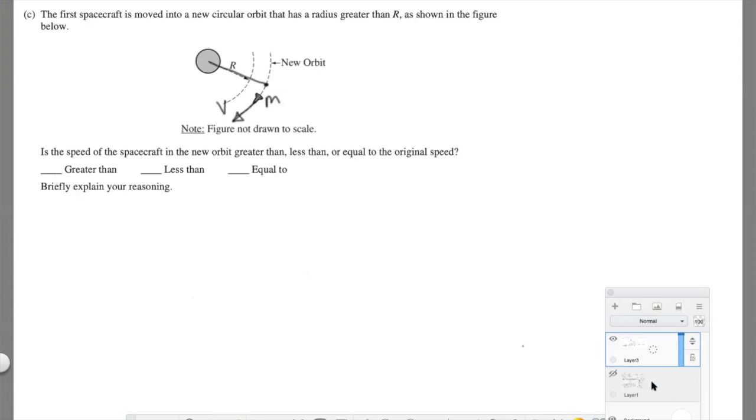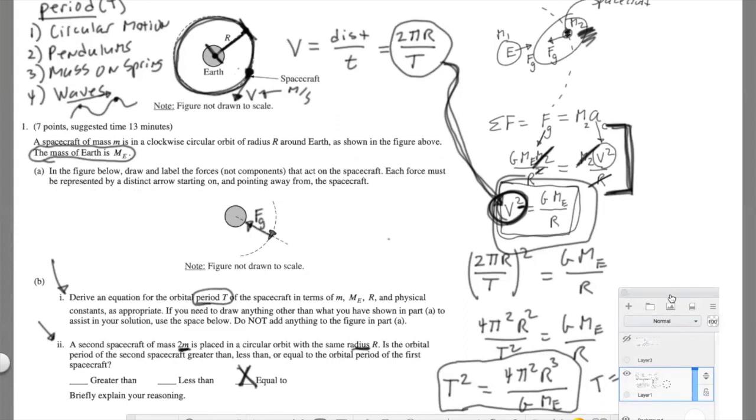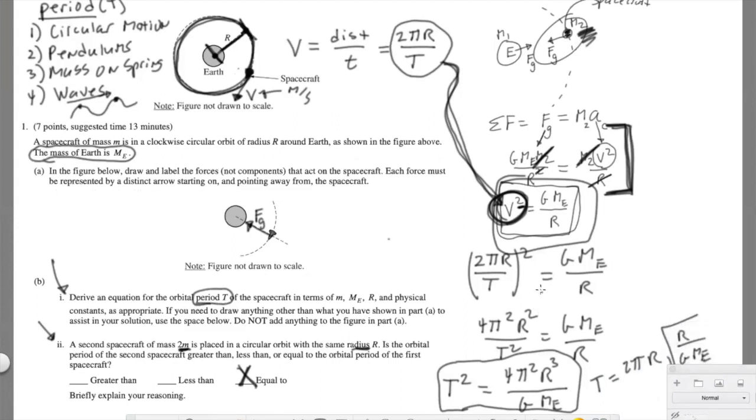Let's look at the equation from what we did before. For velocity, it's up here, so we're going to use this. The answer is right in there. So velocity is going to be the square root of G mass of Earth over r, and here's the answer.